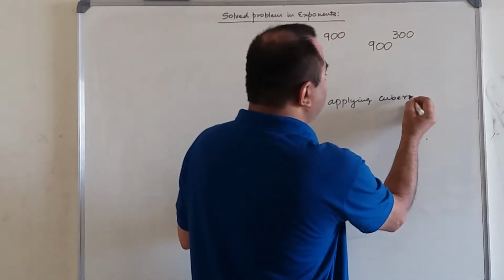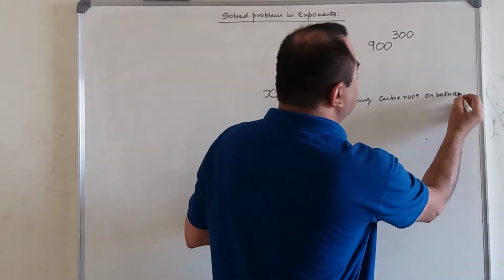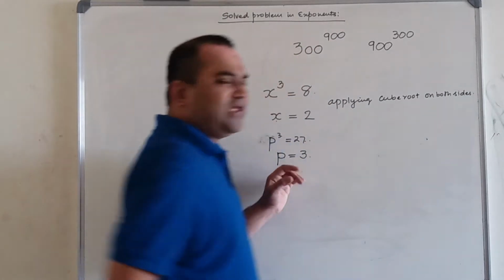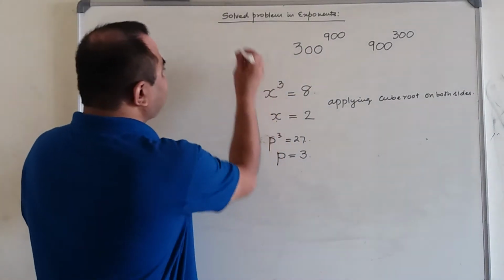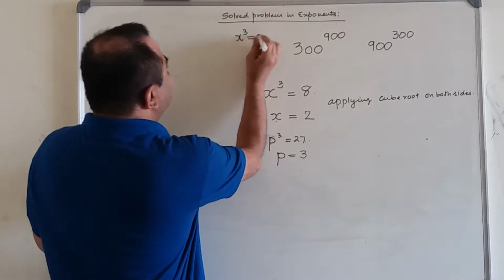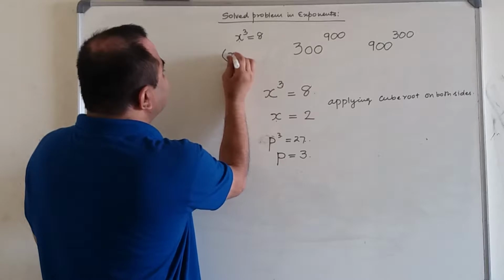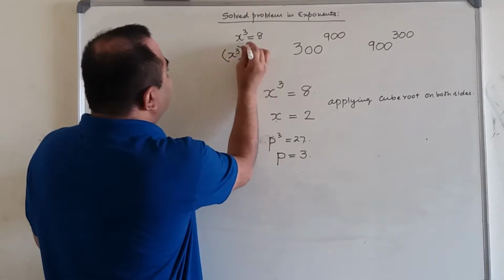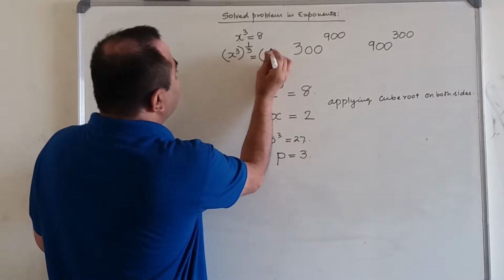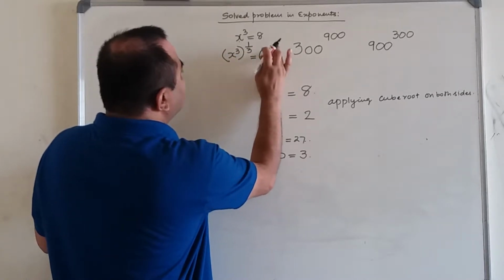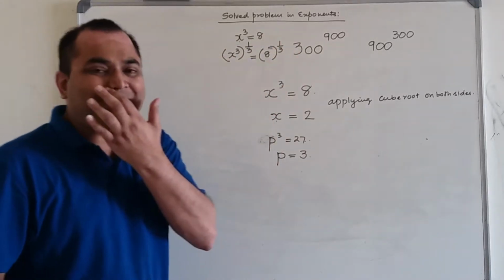Applying cube root on both sides is the technique that is applied to evaluate the variables x and p. This is how it looks. If x cube is equal to 8, to find x, what you are going to do is raise both sides to a common root, and that is 1 by 3.